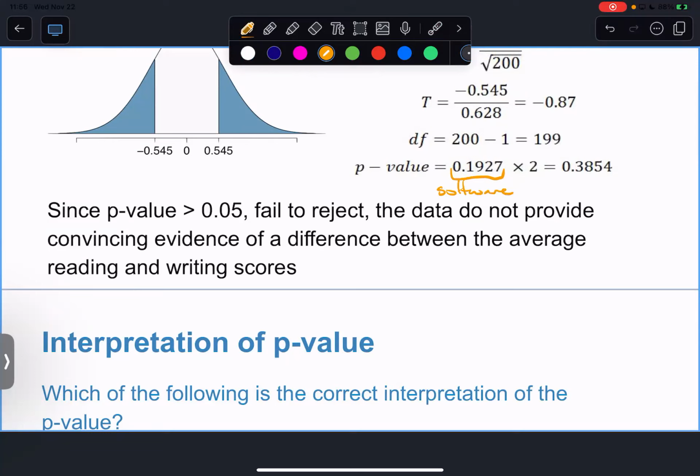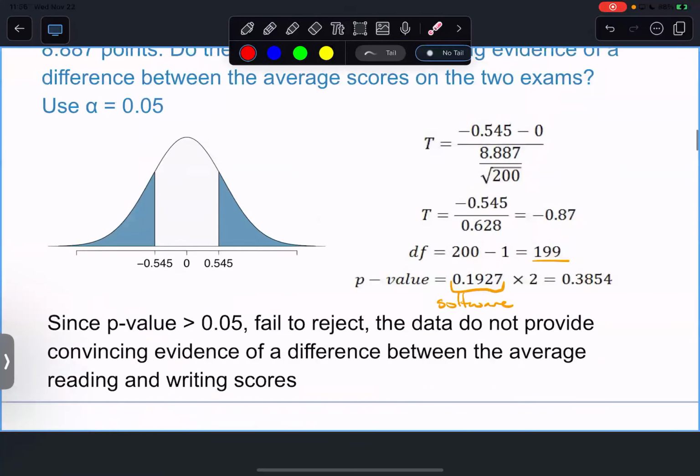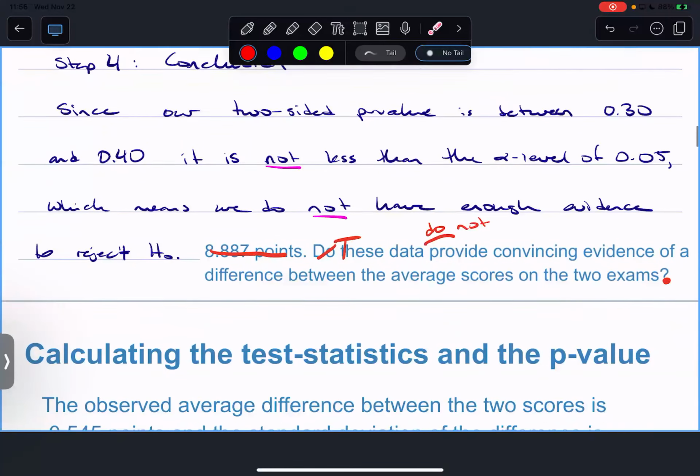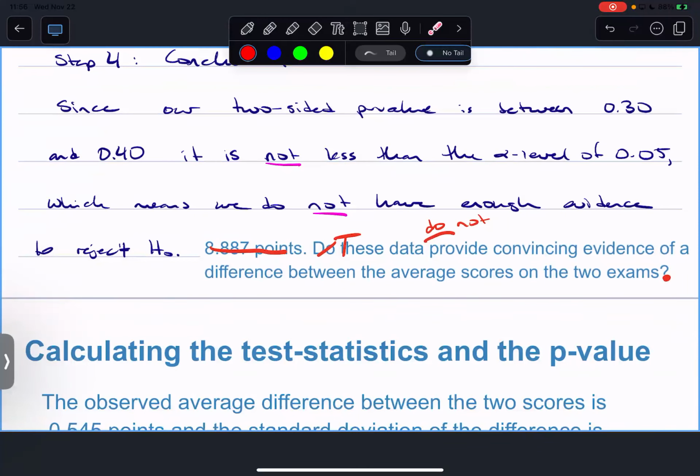And they're probably using 199 degrees of freedom, I'm guessing. I must have cut an important slide where they showed where that came from. But then they had to multiply it by 2. But notice that 0.3854 is between 0.3 and 0.4, right? 0.3854, so sold.